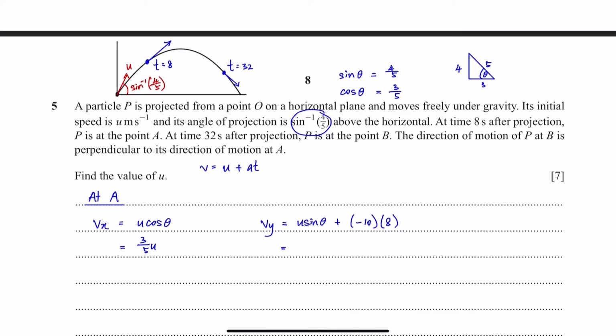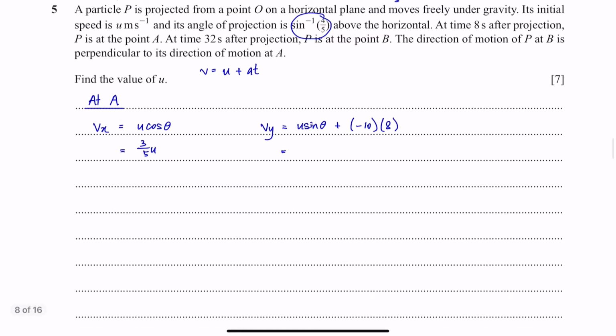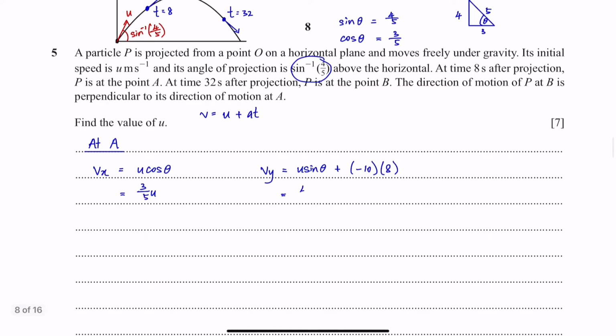Why is our a negative 10? Because the acceleration is going downwards. Since we assume that the upward direction is positive, our acceleration downwards would be negative. So Vy is 4 over 5 u minus 80.